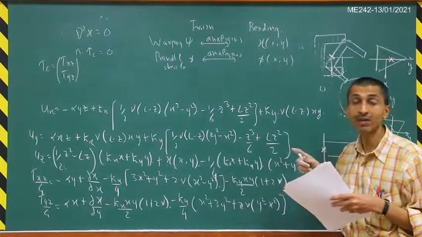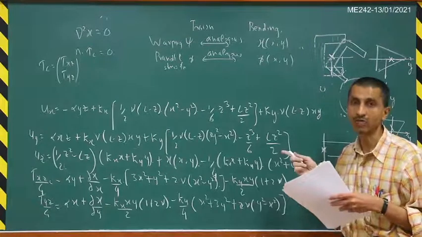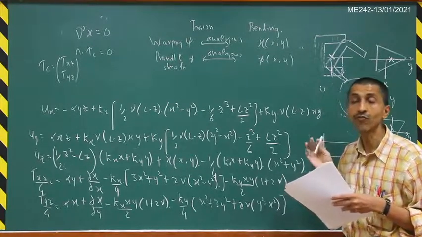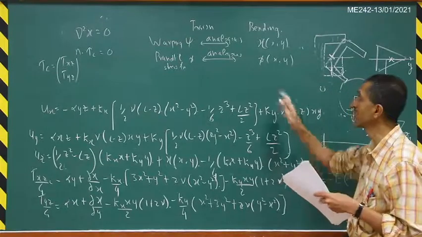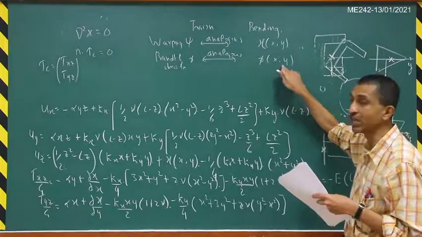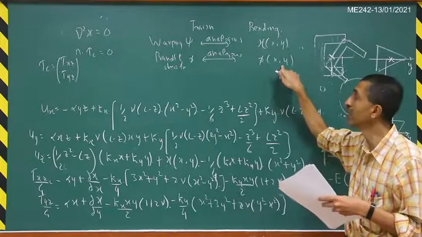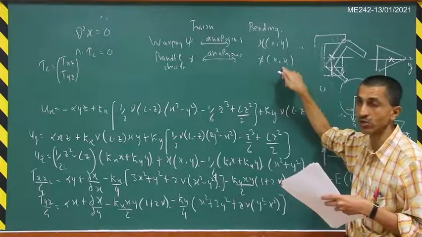But we may not be able to do that for all types of cross sections. So that was very explicitly mentioned. So this approach can be used if we can reduce the boundary condition to phi equal to 0. Otherwise it is very cumbersome to use this particular approach.